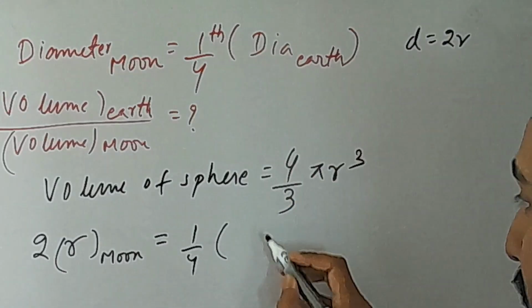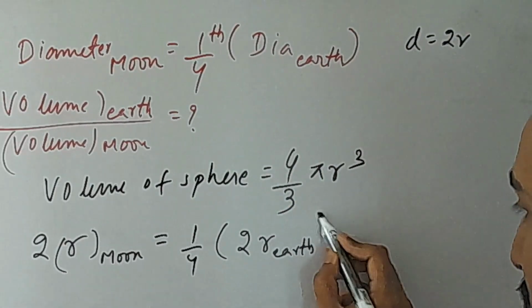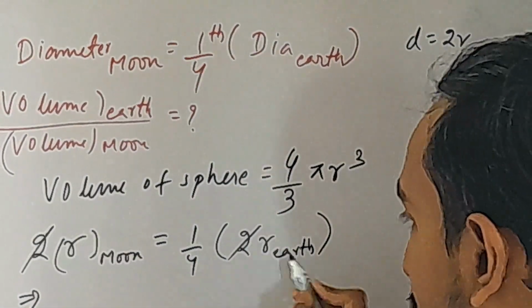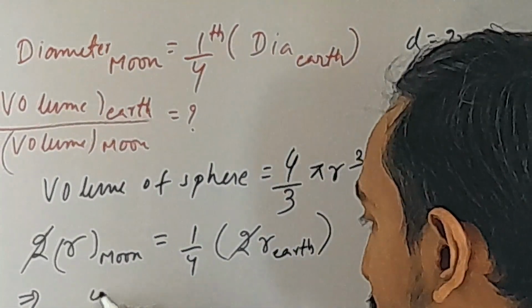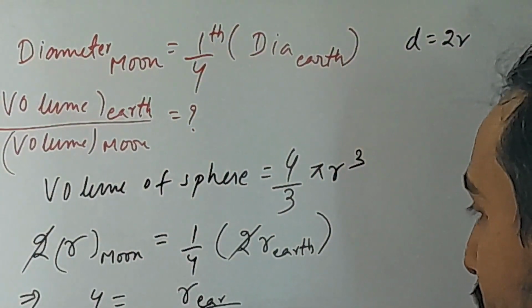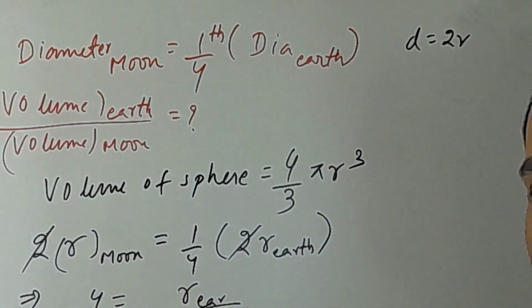And the diameter of the Earth is again given by 2 times the radius of the Earth. So from here we see that 2 and 2 get cancelled out. So radius of the Earth by radius of the Moon is 4. Radius of the Earth is 4 times the radius of the Moon.